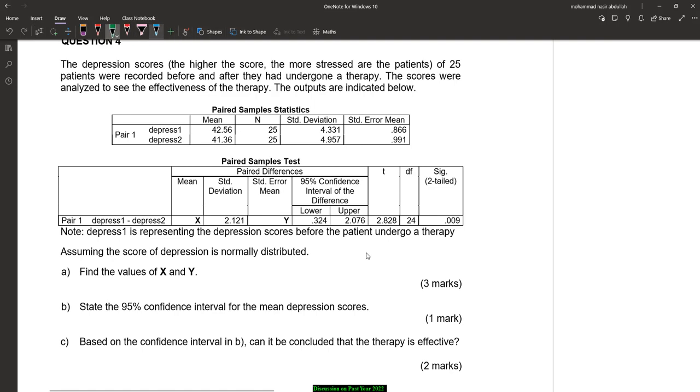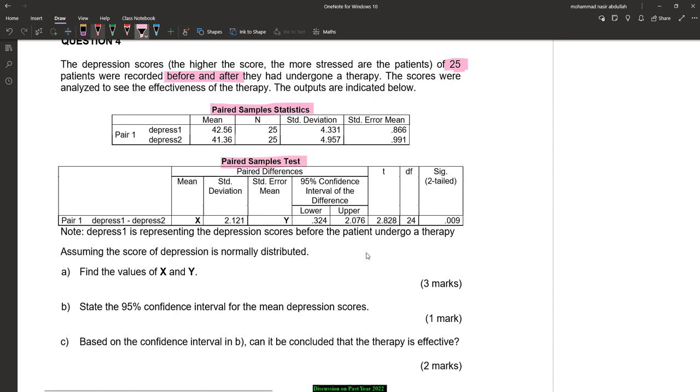So depression score, the higher the score, the more stressed the patient. 25 patients were selected. Scores were recorded before and after they had undergone therapy. The scores were analyzed to see the effectiveness of the therapy. So we have two tables here: paired sample statistics and paired sample test.